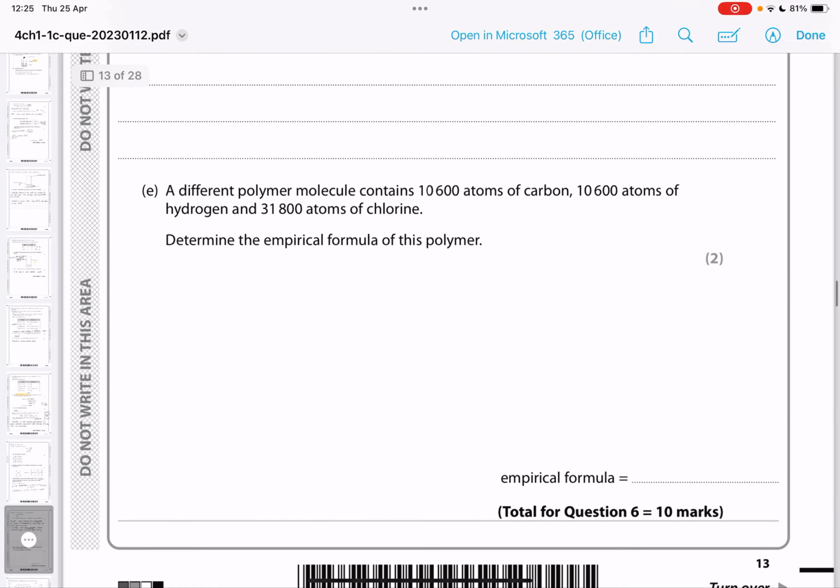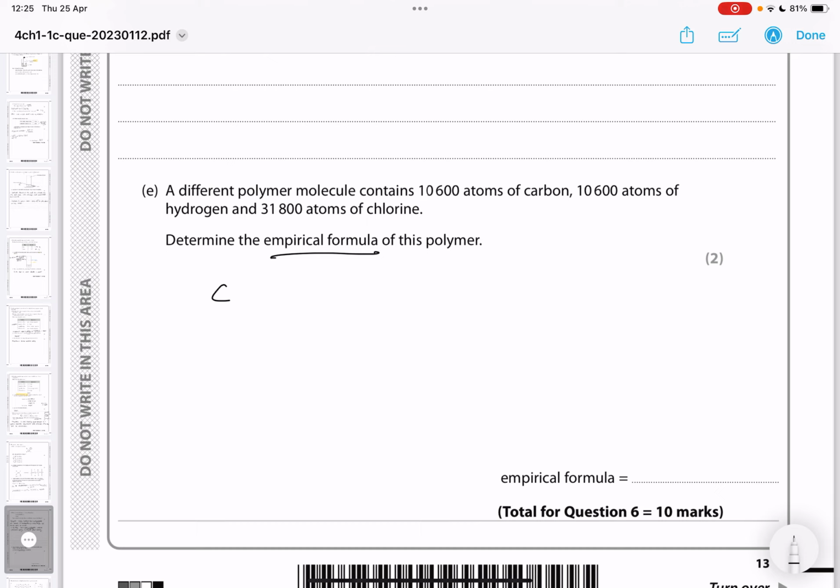A different polymer molecule contains 10,600 atoms of carbon, 10,600 atoms of hydrogen, and 31,800 atoms of chlorine. Determine the empirical formula of this polymer. So the empirical formula is the simplest whole number ratio of atoms of each element in a compound.